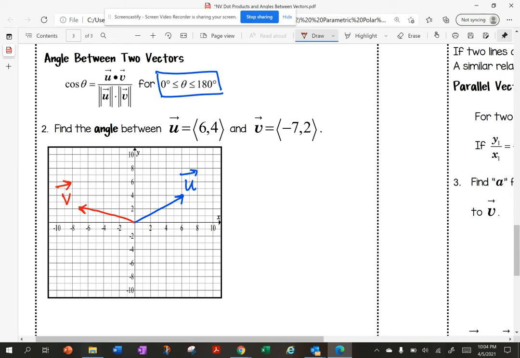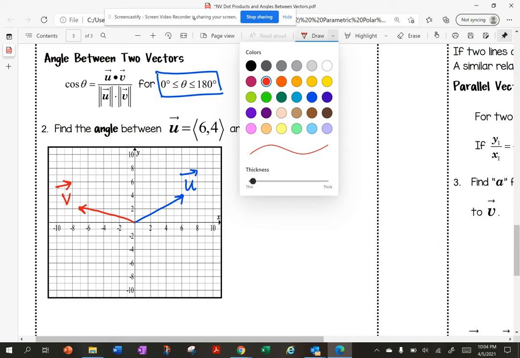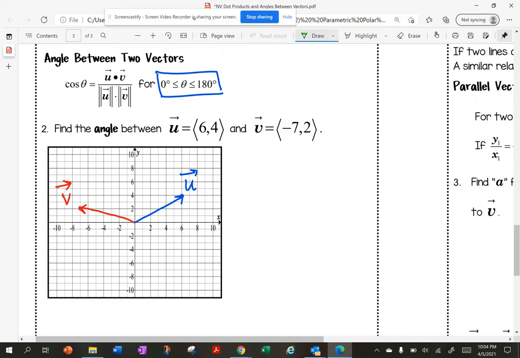Okay, and I want to find the angle between the two vectors. So I want to know what's this angle here.